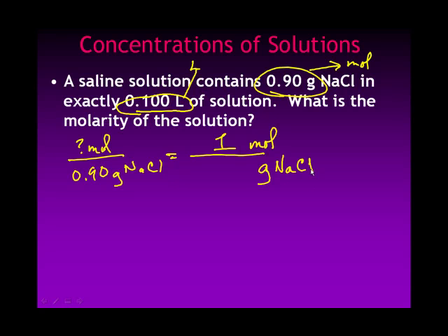Sodium's 22.99, chlorine 35.45. We add those up, 58.44. Cross multiply, 0.9 divided by 58.44, and you get 0.015 moles.